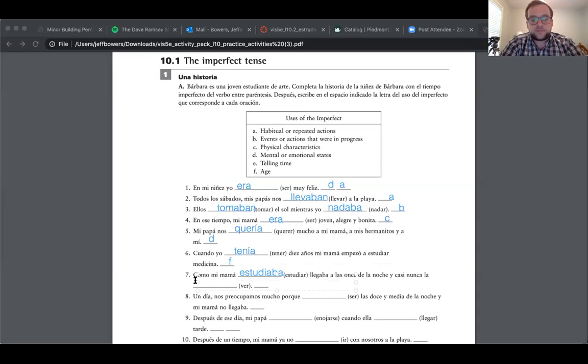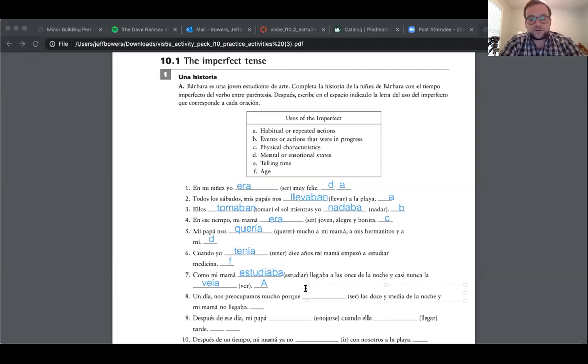Remember, ver is also irregular. It's going to be that ER ending, but we also have to include that E. Casi nunca la veía. I almost never saw her, right? Okay, so that would be a habitual or repeated action. Bien.